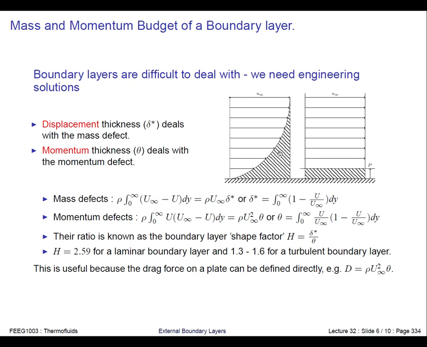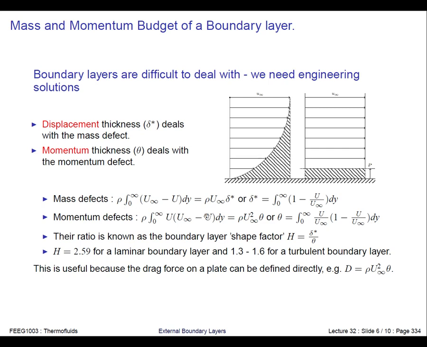Okay, and so u infinity minus u is effectively the length of this dashed line, and so the mass flow of that dashed line of width delta y, density rho, is the mass flow of this little bit. And then if you integrate all of these dy's, you end up with this integral here.